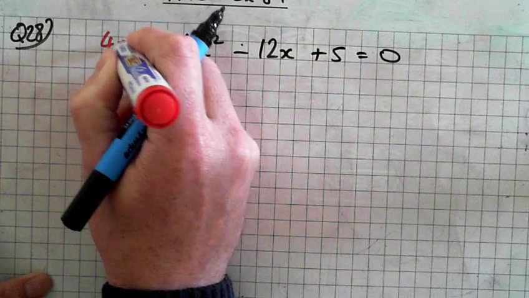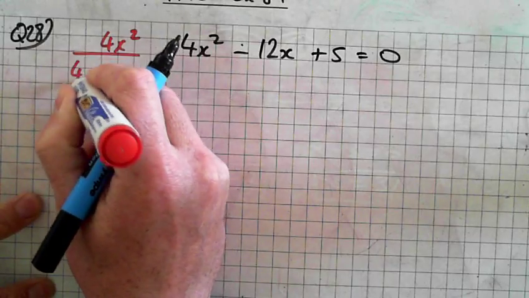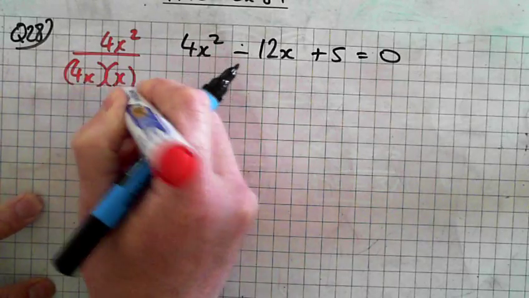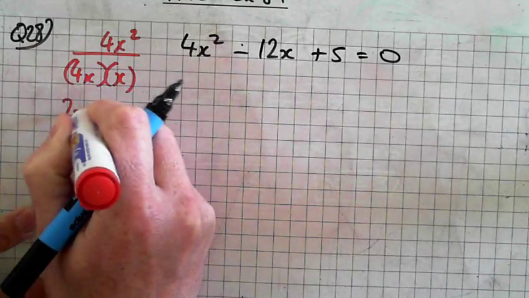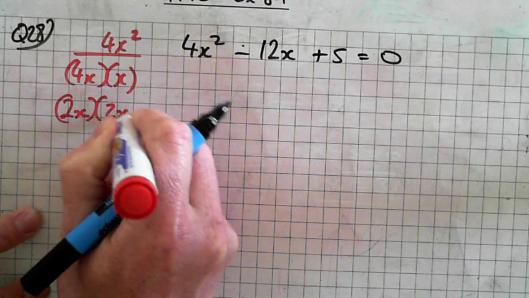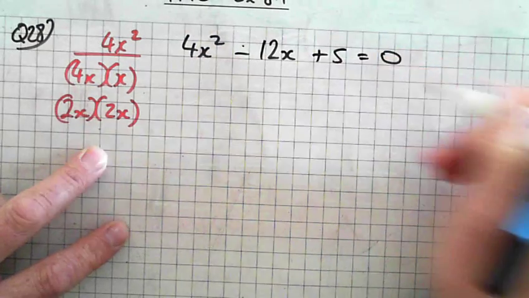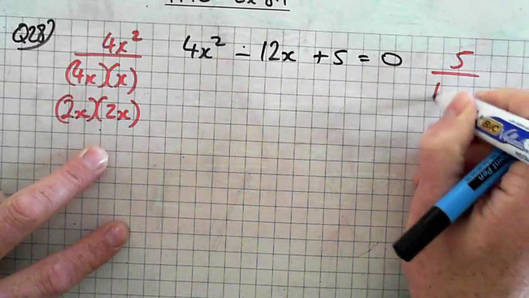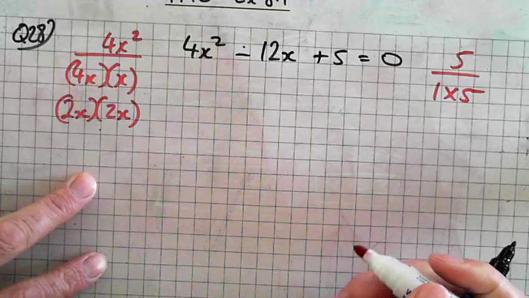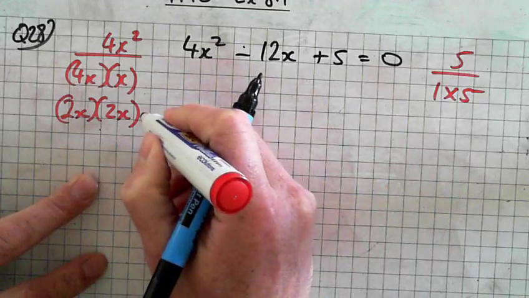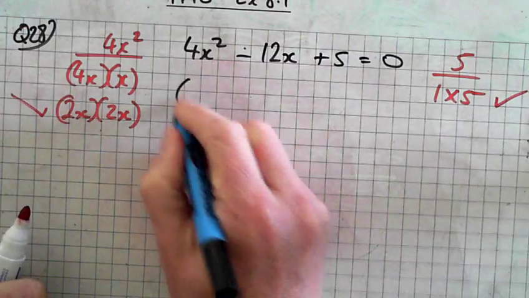Right, this time for the factors of 4x squared, we can have 4x times x, we can also have 2x times 2x. On the right hand side, the factors are 1 times 5. What do I always tell you so far? Always choose the bottom pair. So we're going to choose those.